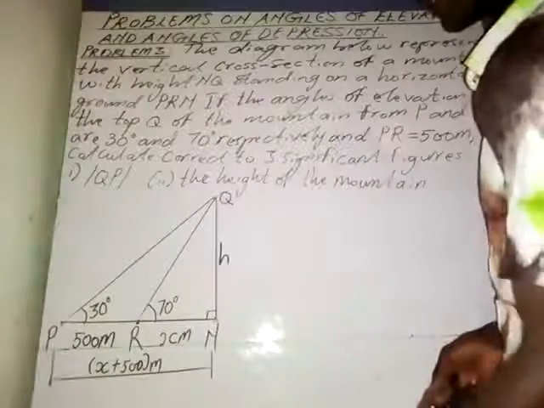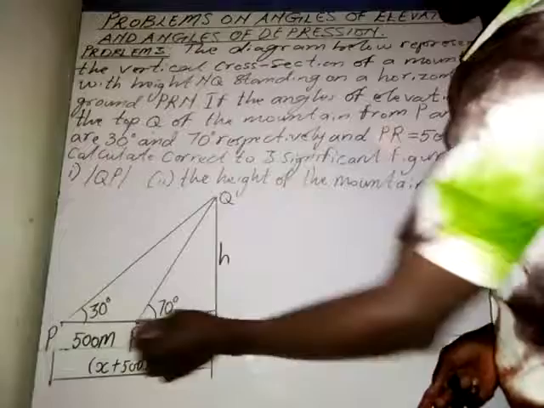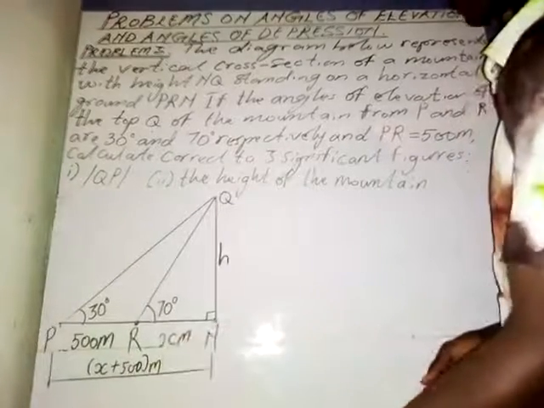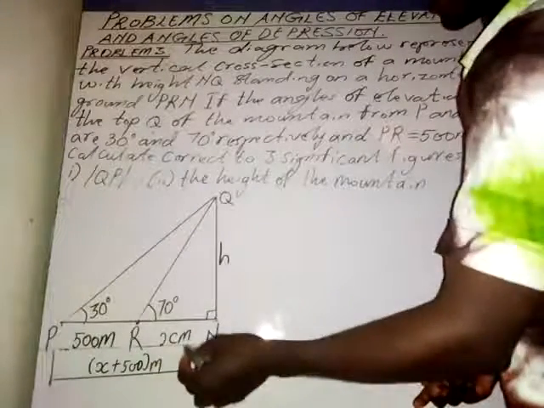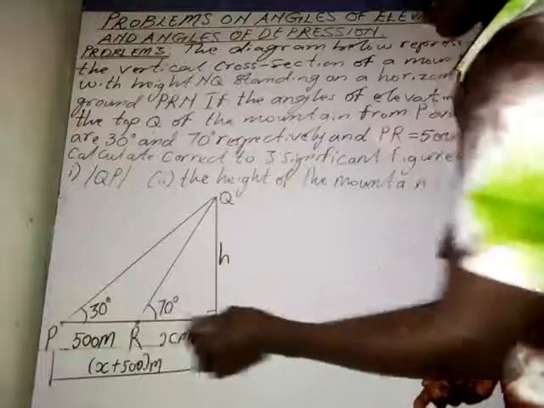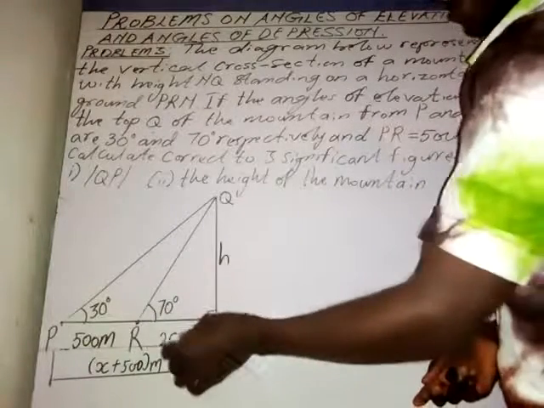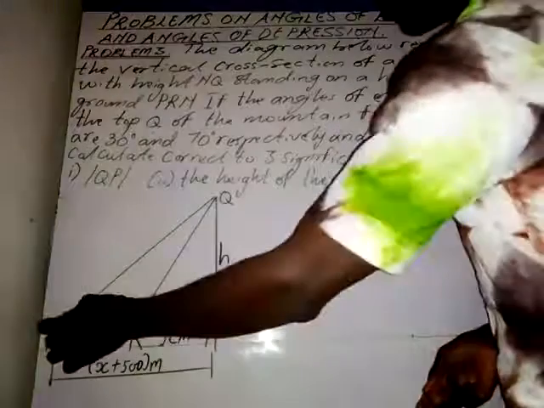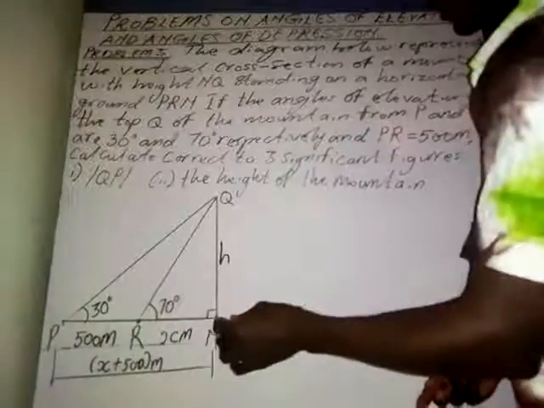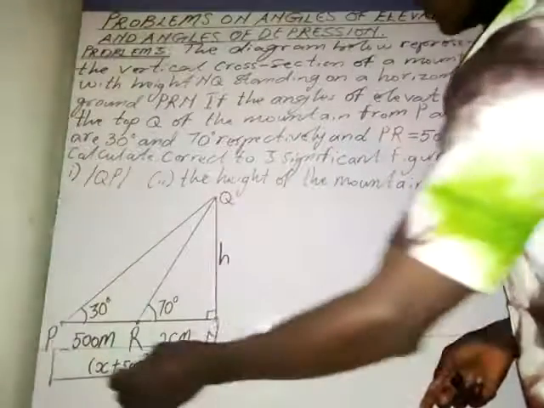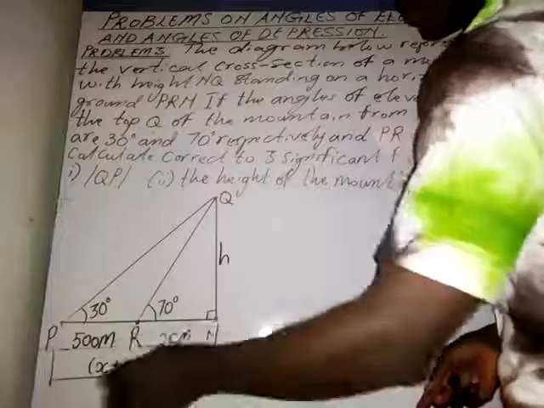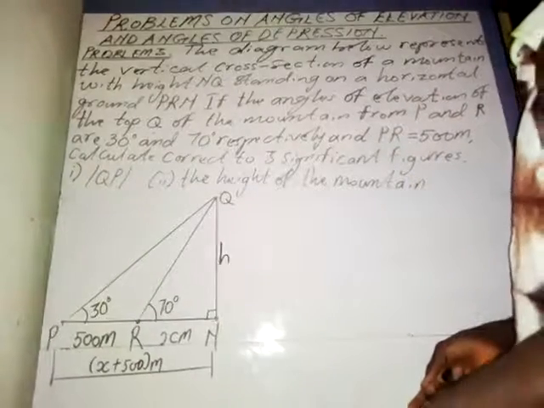So what is now the distance from R to N? That is not given in the question. So what I have done here is that I have represented the distance RN with letter X. So meaning that the total distance from P to N is X plus 500 meters in brackets. So take note of that.